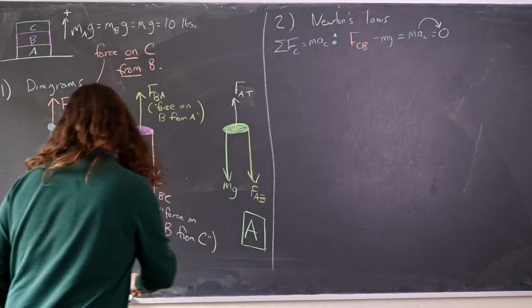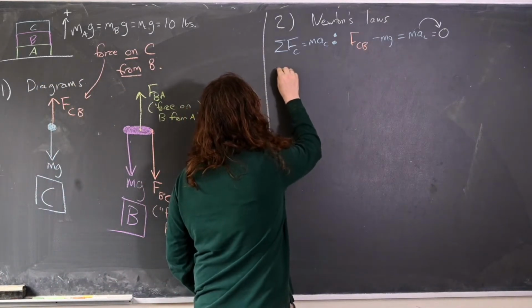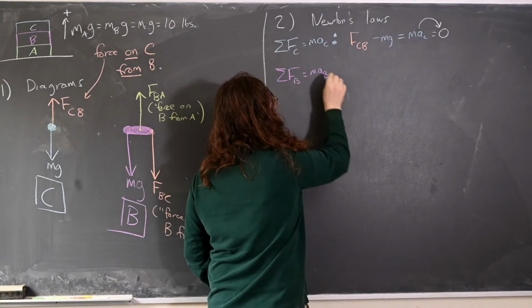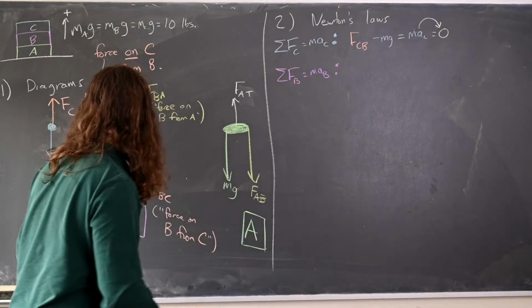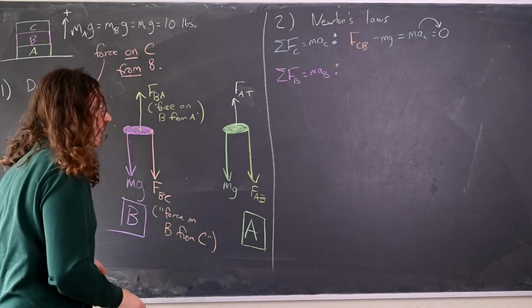Now we've got book B. Well, what happens to it? Well, again, I've got 3 arrows. I just read them off my diagram.